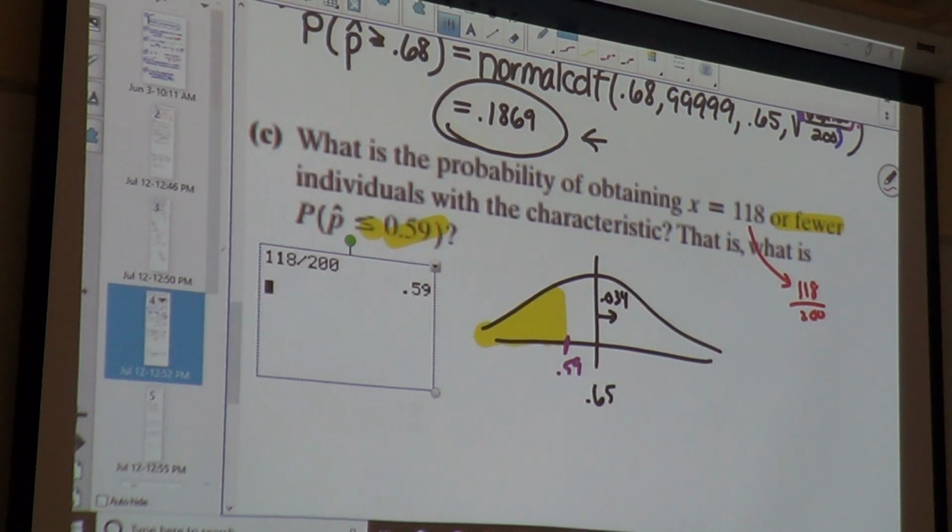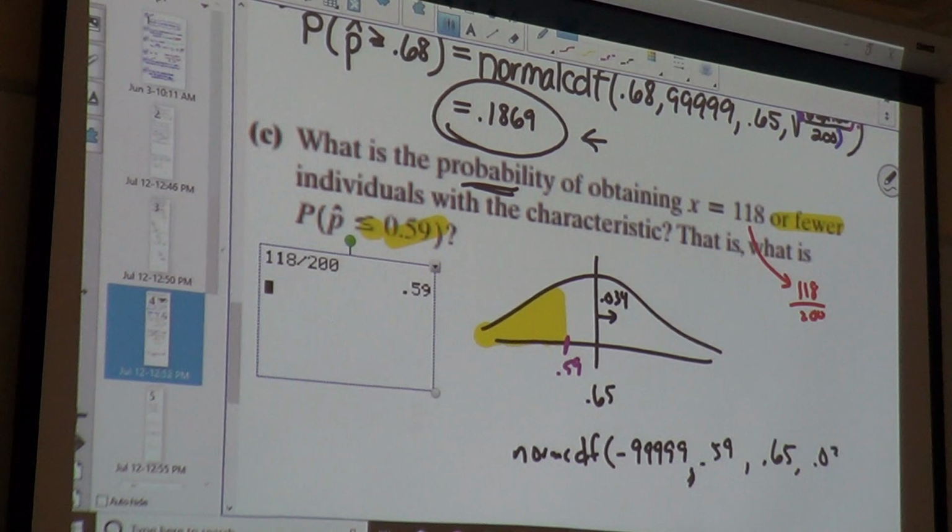It says what is the probability, which means we're doing the shade. So it's going to be normal CDF. We're going to start at negative 9999. We're going to go to 0.59. Our mean is 0.65 and our standard deviation is 0.034.